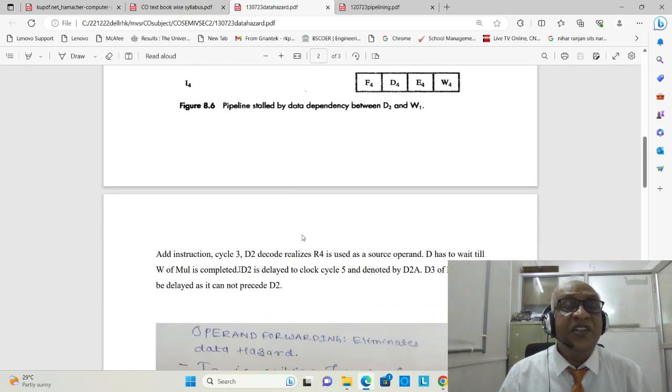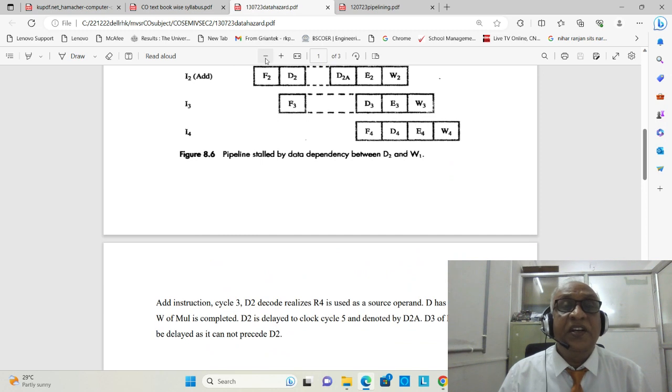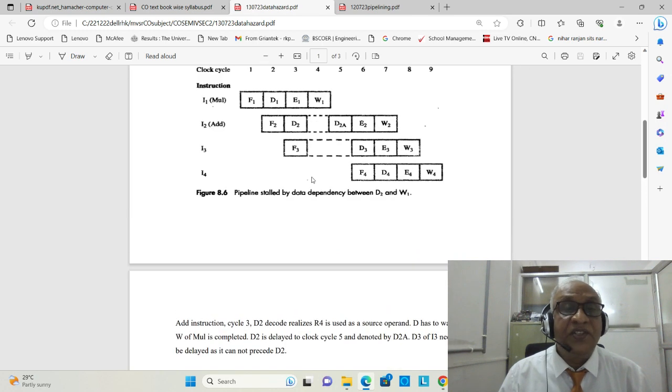The same discussion is given here. Let us try to correlate this discussion. Add instruction in cycle 3. So this is cycle 3. D2, while decoding, realizes that R4 is used as a source operand.